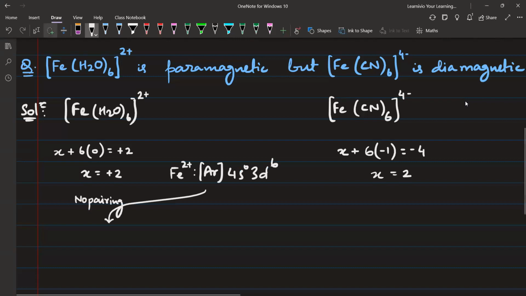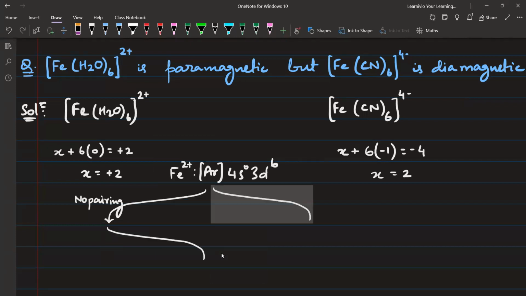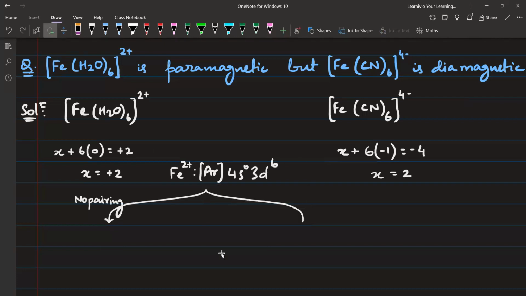In the case of Fe(CN)6, obviously there will be pairing taking place because it is diamagnetic. Diamagnetic means all the electrons are paired. That is why we'll write pairing.